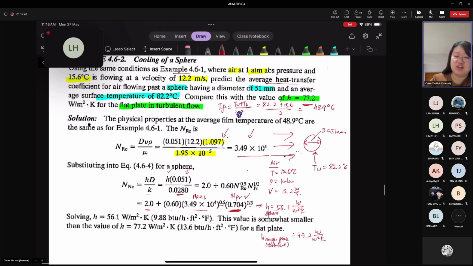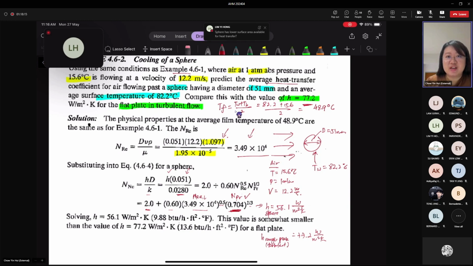Can you guess why there's a difference in this value here? Any suggestion? Anyone? What possibly actually contributes to it?